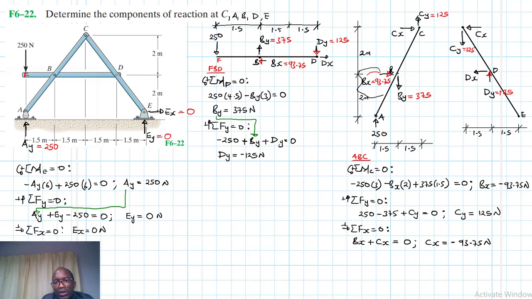Mind you, I'm using this changed one already, change direction. So Cx, the direction is going to change also. This one direction will be like this, equal to 93.75, and this also direction changes. It will be this direction like this, and is equal to 93.75.